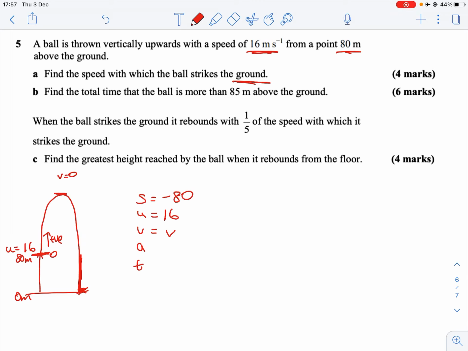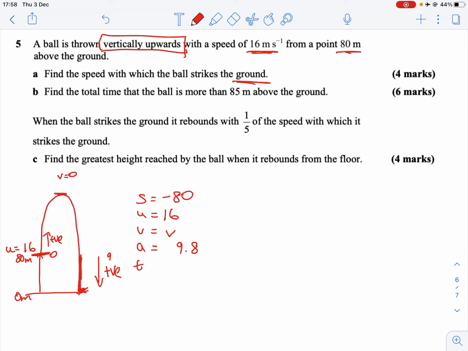And then acceleration, we're not given any information. Remember, this is a vertical upward problem, so we need to remember about gravity. Gravity is equal to 9.8, but the positive direction is this way, and we're throwing the ball upward.